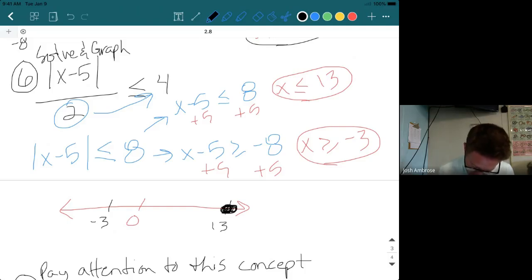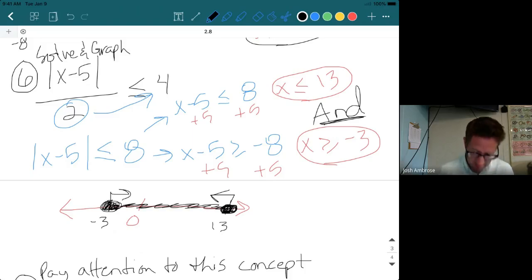And over here, x is greater than or equal to. So again, we're filling in this. And because they go towards each other, what's the word that we're using? The word is and. And we are filling in between.